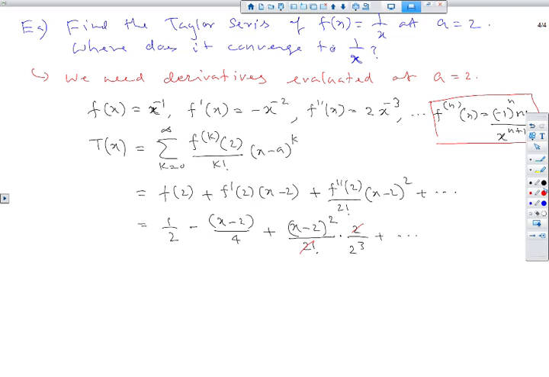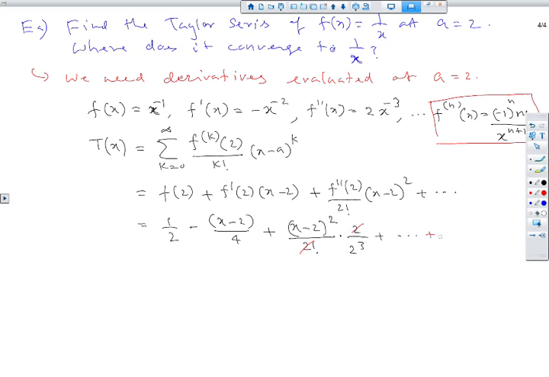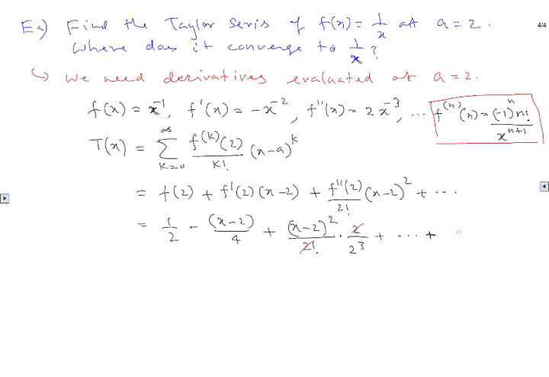So if you write the general term, what does the general term look like? The general term is negative 1 to the nth power, and then the factorial in gets cancelled.